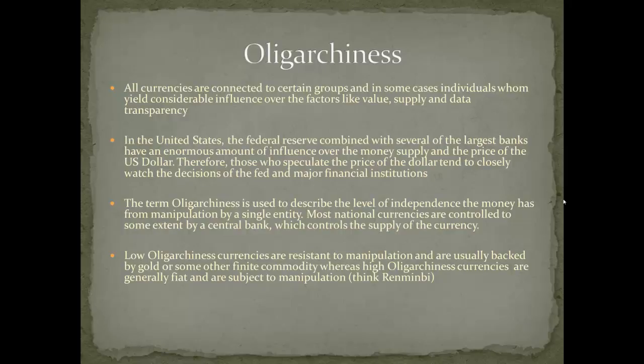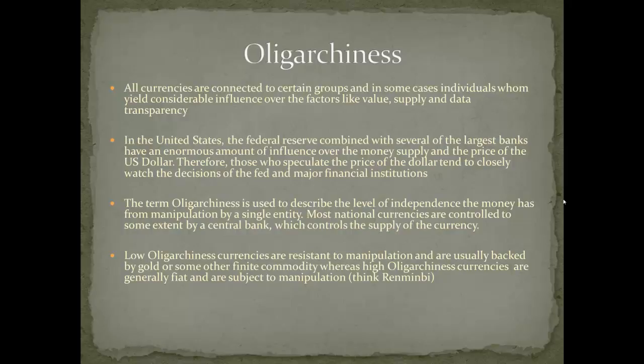It's typically divorced from a central bank, and there have been many throughout history where it's really difficult for a small group of people to have a long-standing permanent influence over the currency. They may be able to temporarily manipulate the price, but this manipulation is not long-term. Low oligarchical currencies are not very common.